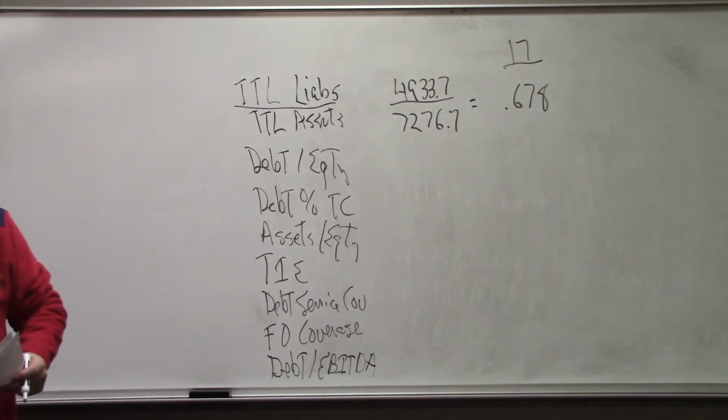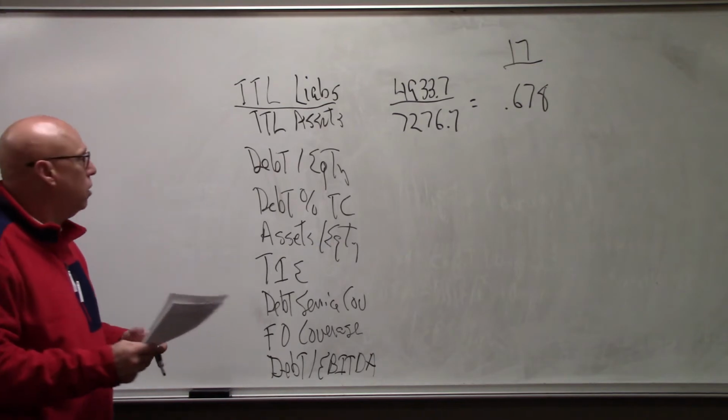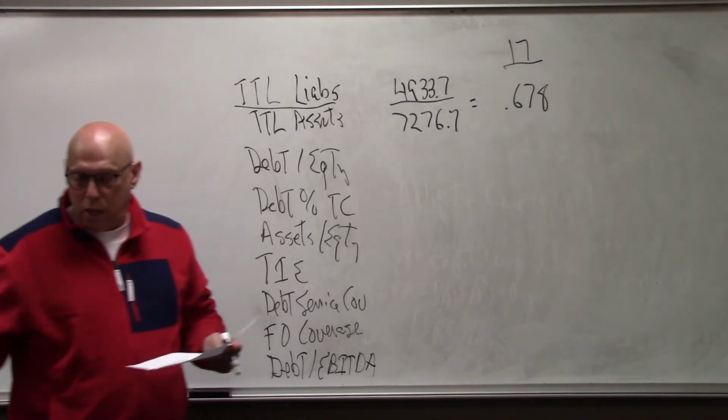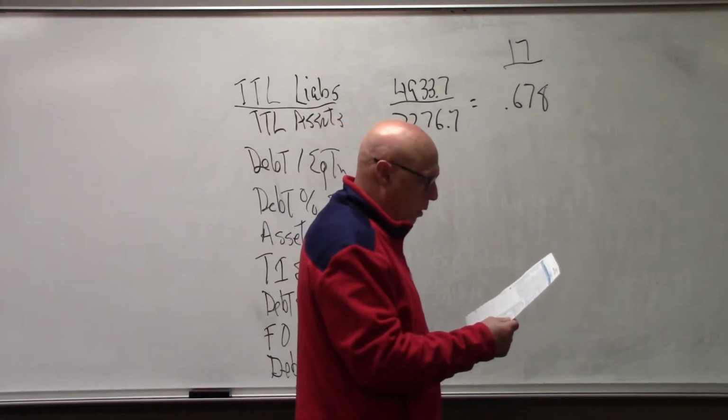Okay? Let me double check that on my calculator here. Figure this calculator out. 4933.7 divided by 7276.7, 0.678. All right, so we're good to go with that. All right, debt to equity.